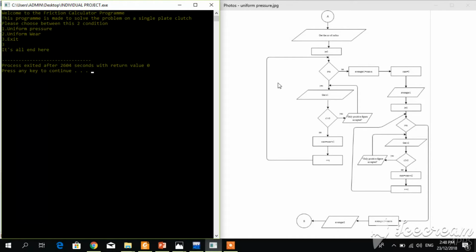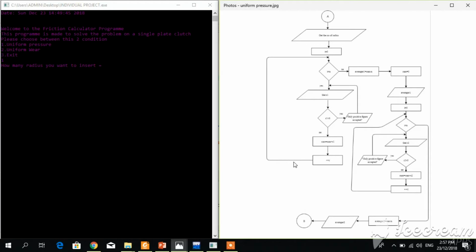Okay, now we proceed to the second flowchart, the uniform pressure function flowchart. The first one, we get the number of radius. Now I already insert number 1, uniform pressure. So how many radius do you want? Let's say I want to insert 2. Okay, I enter, and then it goes to the radius of the first plate.